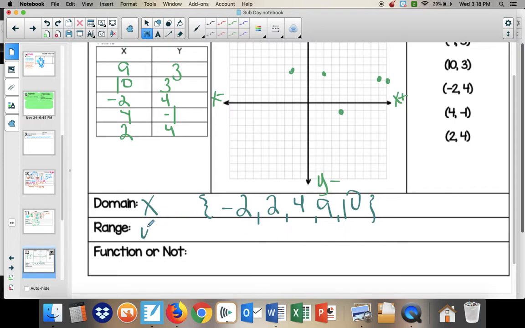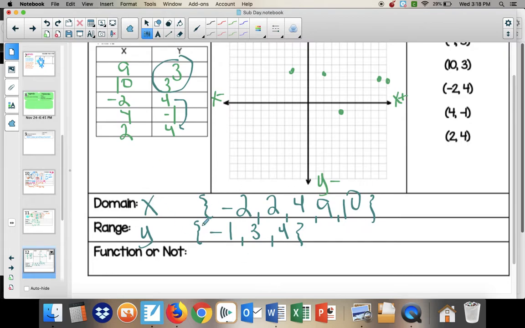Now my y's are my range. Put them in order. And now, look at that. Repeat and a repeat. So I actually will only have 3 numbers written down. -1, 3, and 4. When they repeat, we do not write the repeats out.